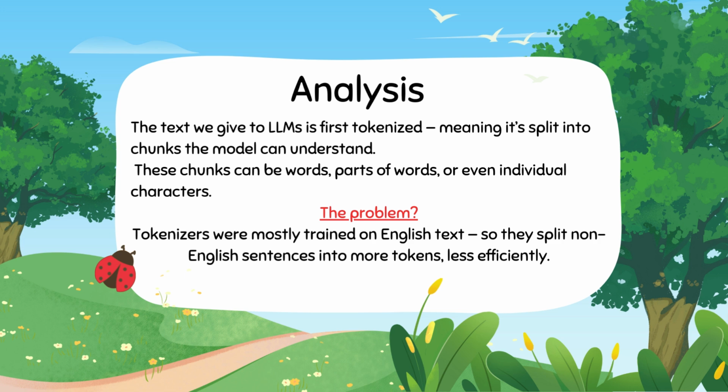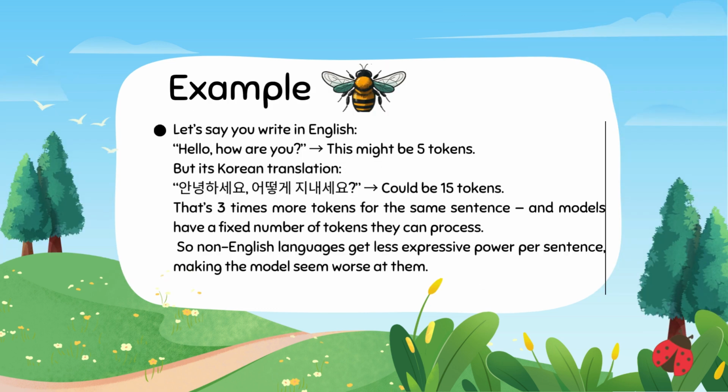The problem? Tokenizers were mostly trained on English text, so they split non-English sentences into more tokens, less efficiently. Let's take an example. Let's say you write in English, "Hello, how are you?" This might be 5 tokens, but its Korean translation, "안녕하세요, 어떻게 지내세요," could be 15 tokens. That's 3 times more tokens for the same sentence.